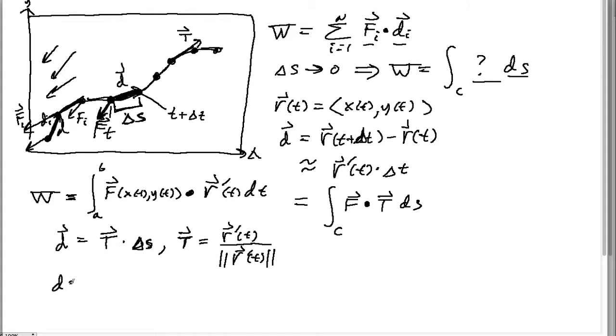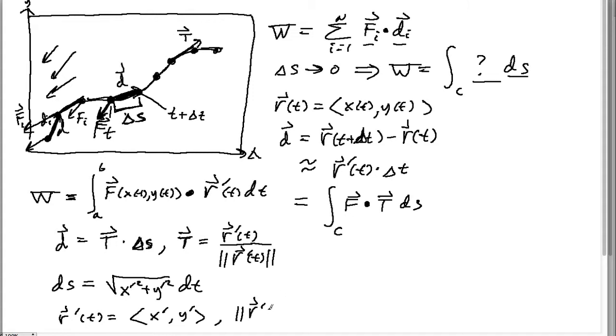Recall from the previous video that ds is equal to the square root of x prime squared plus y prime squared dt. And we know that r prime of t is equal to the vector function x prime, y prime, and the norm, or the length of r prime, is of course the square root of x prime squared plus y prime squared.